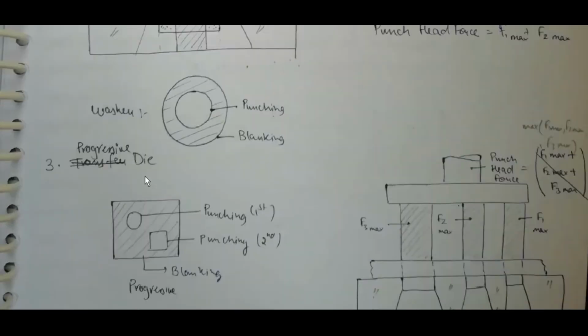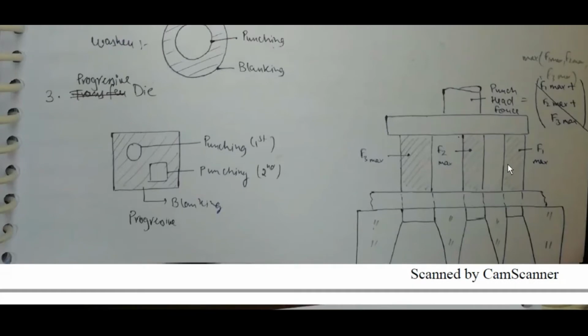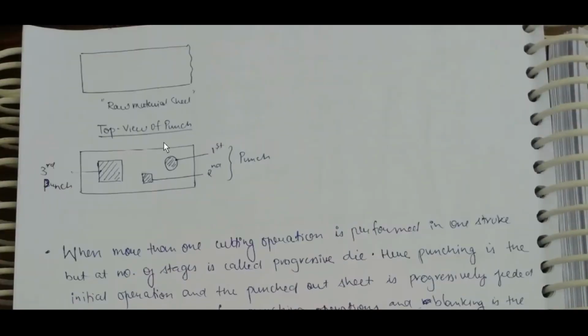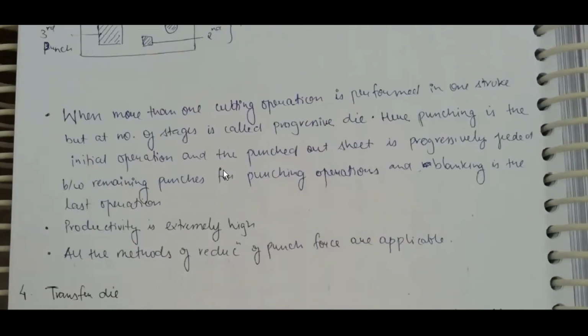Progressive die. Punching first, punching second, then blanking. Punch head force is the maximum of these three. Raw material sheet, top view: first, second, third punch. When more than one cutting operation is performed in one stroke, but at a number of stages, it is called a progressive die.